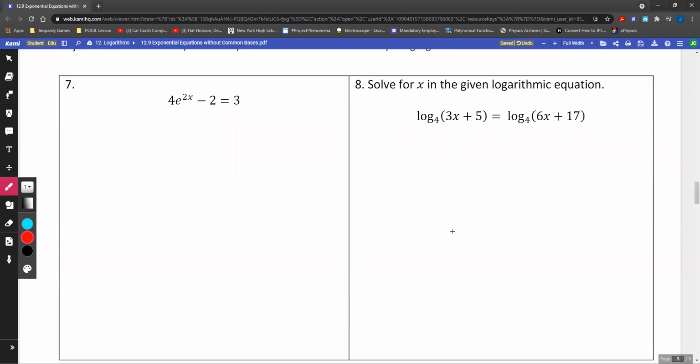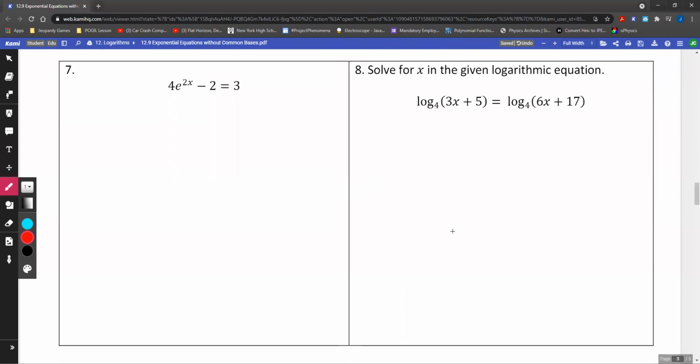Okay, we'll do a few more of these examples. So first thing I want to do is add the 2 to the other side. So I get 4e to the 2x equals 5. Divide both sides by 4. We get e to the 2x equals 5 over 4. Take the ln of both sides because I'm using e this time.